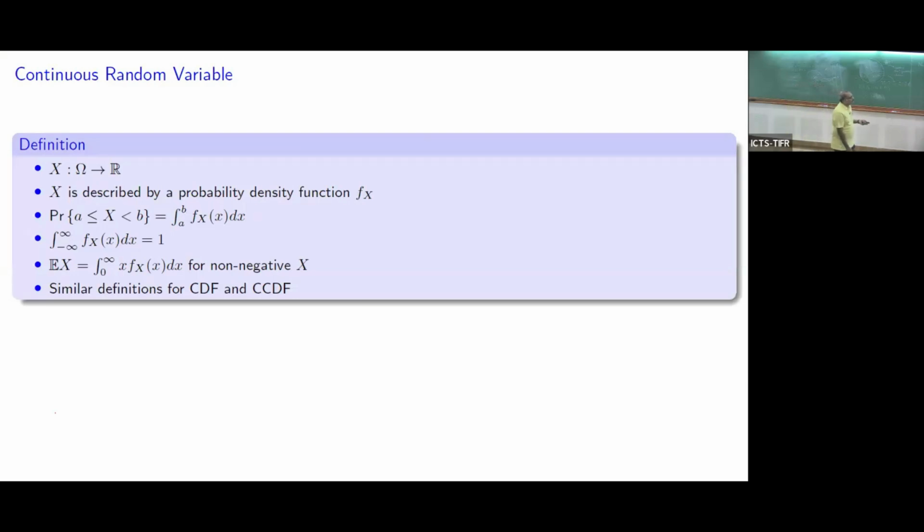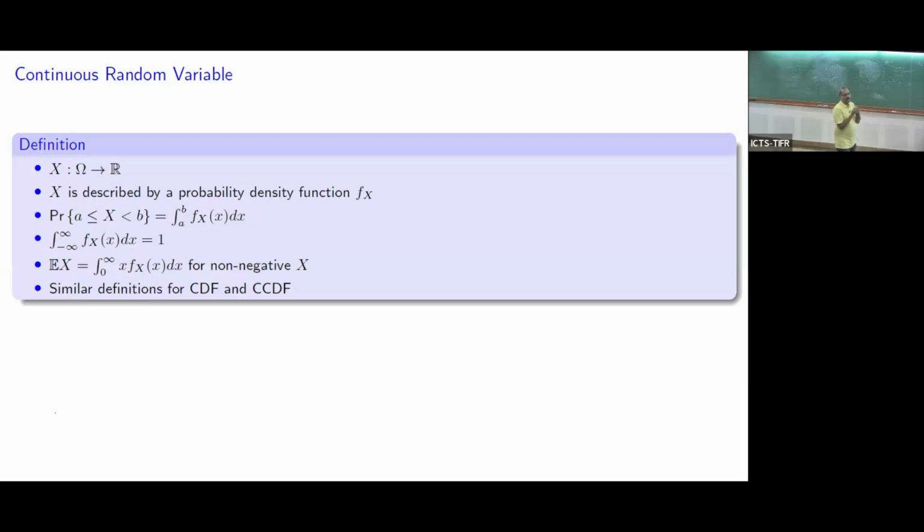And when you have continuous random variables, you can again talk about the probability of the random variable taking a value, but it turns out that if you are talking about the probability that a continuous random variable takes a single value, then that probability is zero, because the space is continuous.